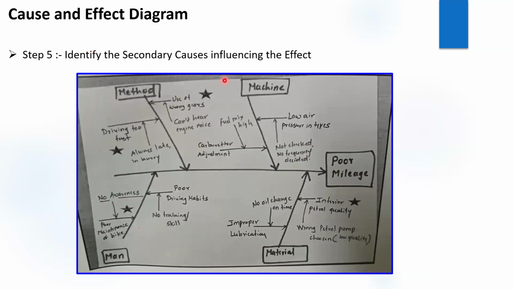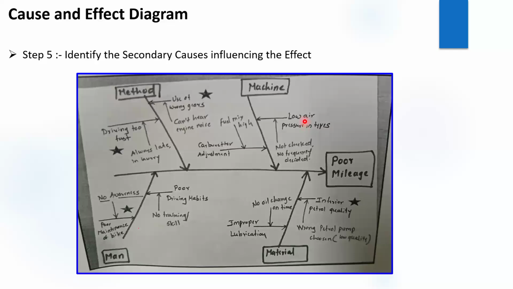So secondary causes means, for example, low air pressure in tires. This is a primary cause. And why low air pressure in tires? Here I need to ask a question, because not checked, no frequency decided to check the air pressure in tires. So that is the secondary cause. Now I will tell you the difference between secondary and primary.